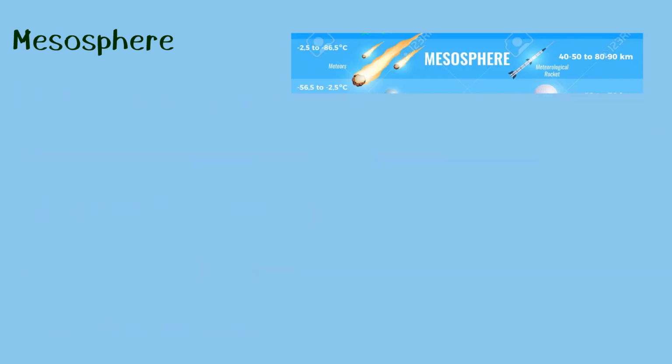All right, next we have the mesosphere. All these terms have sphere at the end, but the way that I remember the mesosphere is that it's smack dab in the middle. There are 5 layers: we have troposphere, stratosphere, and then smack dab in the middle we have the mesosphere. So M for middle.